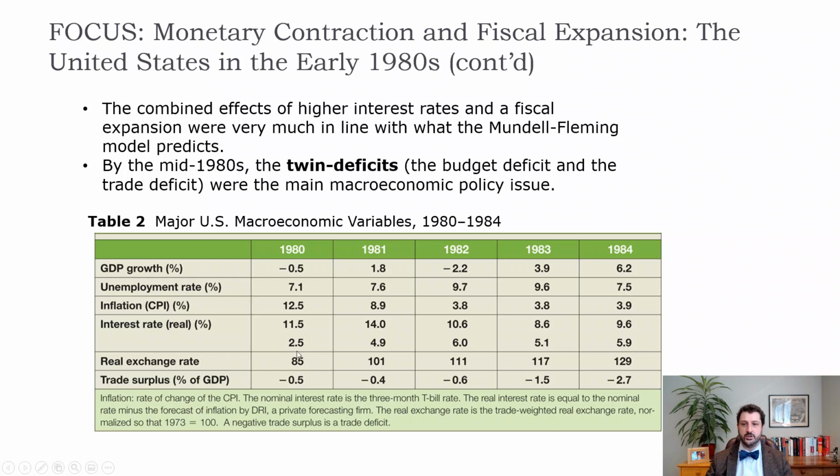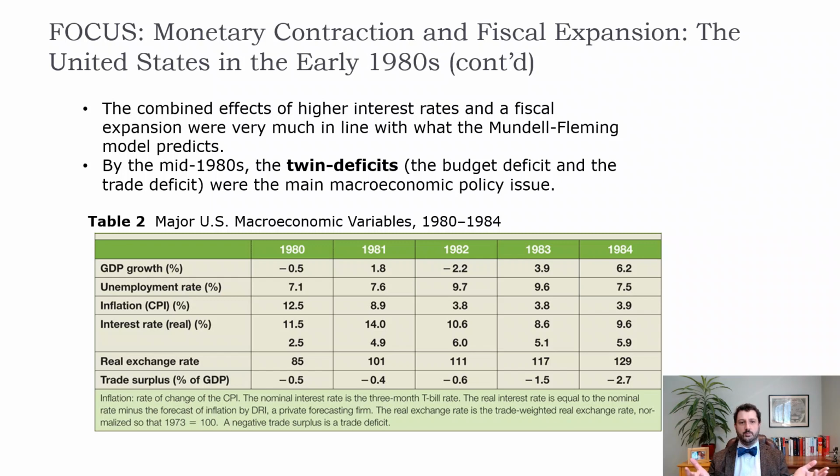And so the real exchange rate went from 85 in 1980 up to 129 in 1984. And not surprisingly, as the model would predict, the trade deficit increased, right? So the trade deficit was pretty small in the early 1980s, 0.4 to 0.5% of GDP, and was up to 2.7% of GDP by 1984.